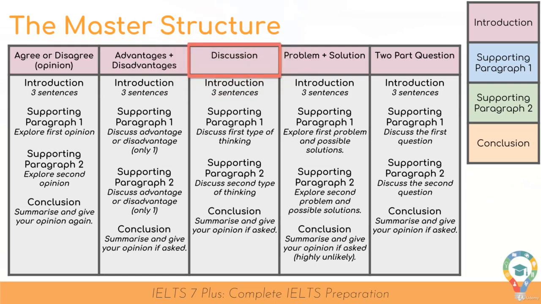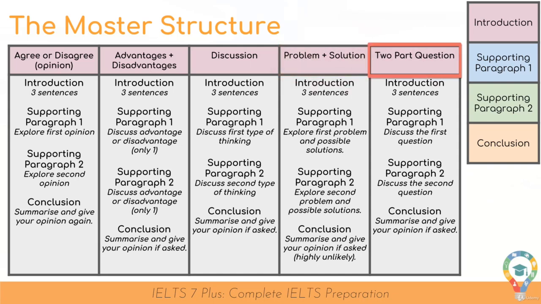In a discussion question, you'll be given 2 opposing points of views. So your first supporting paragraph should discuss the first point of view, and your second supporting paragraph will discuss the second type of thinking. In a problem and solution question, each of your supporting paragraphs will discuss one problem and one solution each.